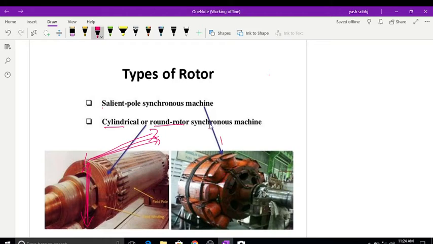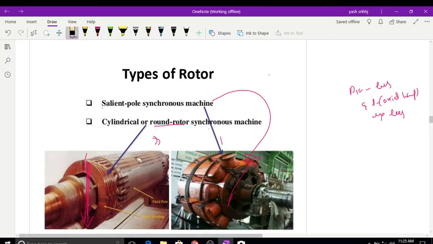But here, in this salient pole rotor, the diameter is more, and this is nothing but the length. You should not say length, say axial length. Axial length is less compared to the cylindrical type rotor.